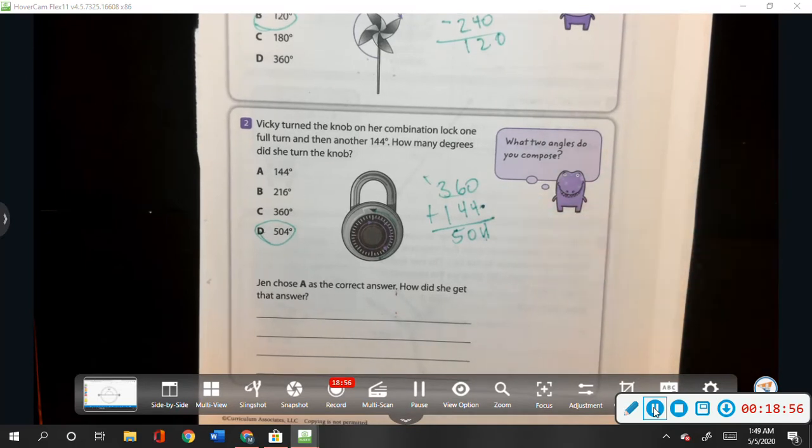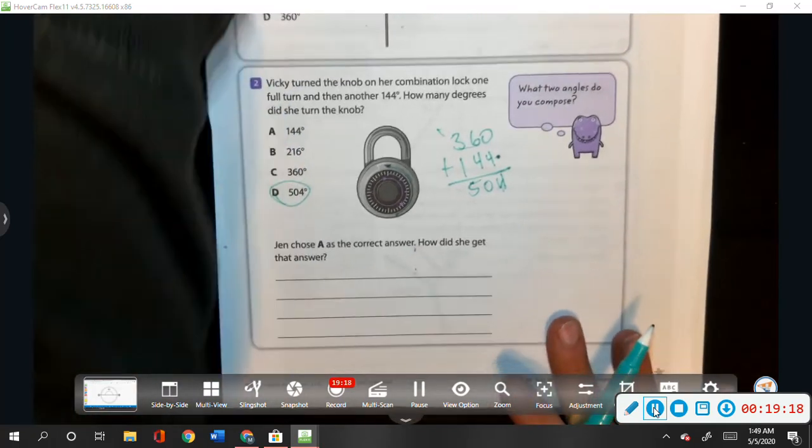It was that additional, not full turn, but almost. It did go past that one full turn. So Jen only used that one turn. She did not combine that 360 degrees and 144 degrees to find the total number of degrees that the knob was turned.